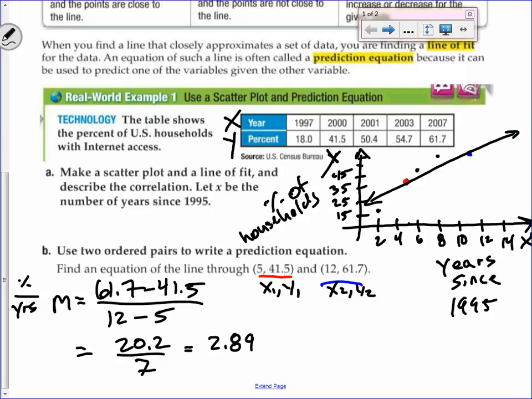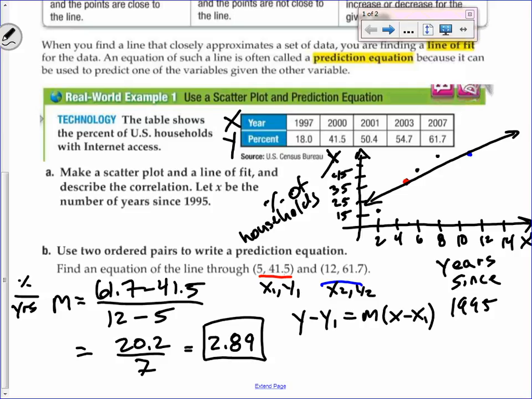Now we need to use a point, use our point slope form. We have a slope. We have an m value for this line. Now we need to use one of these points in our point slope form, which is y minus y1 equals m times x minus x1.